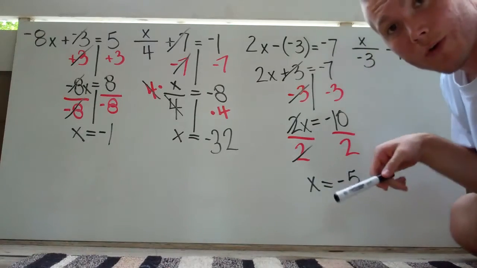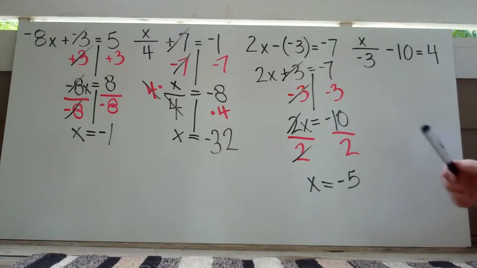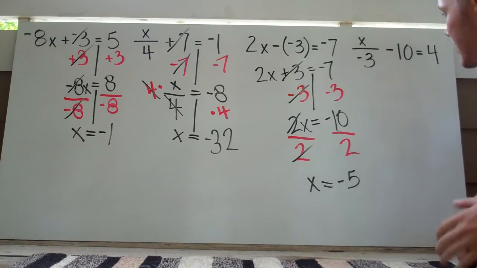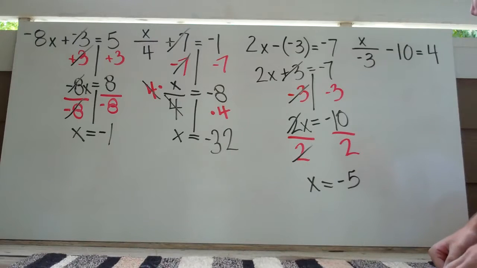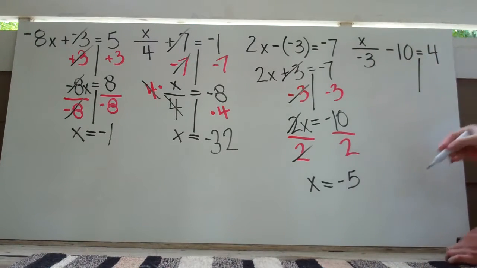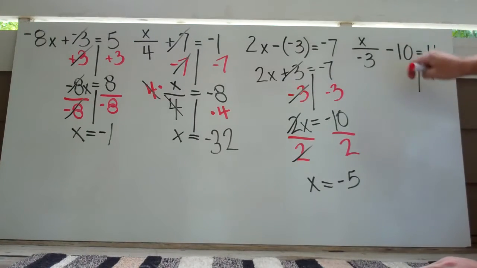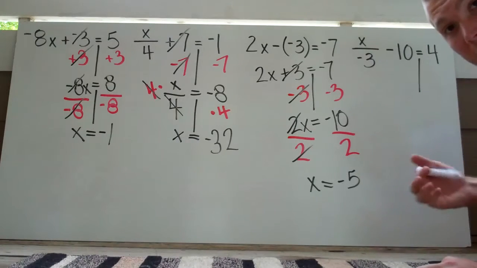One last one to go. Let's see how we did. x divided by negative 3 minus 10 equals 4. First thing we have to do, and I'll draw a line to separate these, is add or subtract. So I'm going to get rid of that minus 10 by doing plus 10.